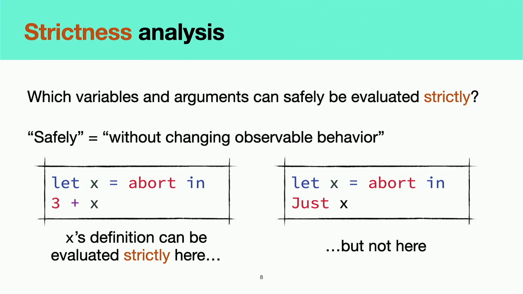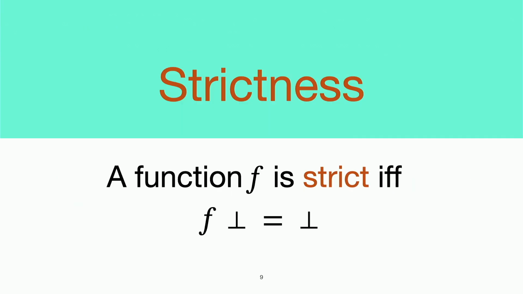The connection between these two ideas gives us a unified definition of strictness, which we express in terms of functions. We say that a function f is strict if and only if f of bottom equals bottom. Bottom here represents an expression whose value we cannot compute, whether because it throws an exception at runtime or because it doesn't terminate.